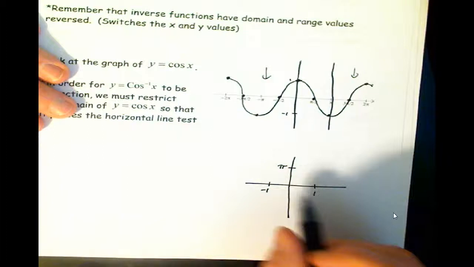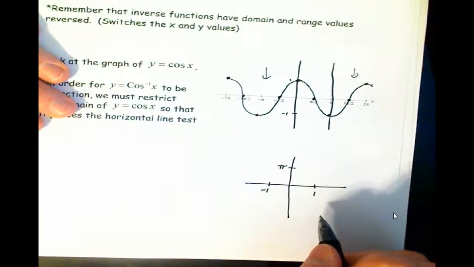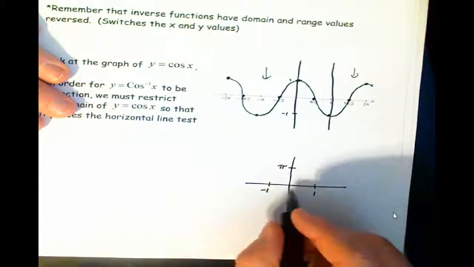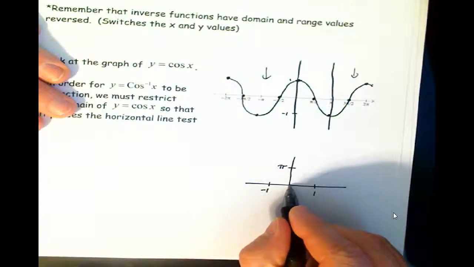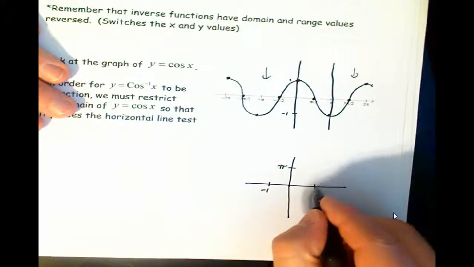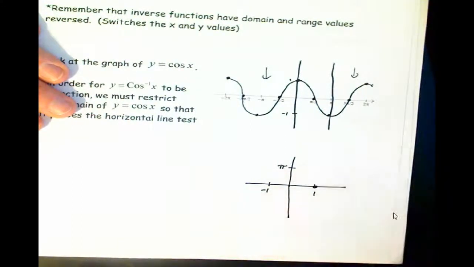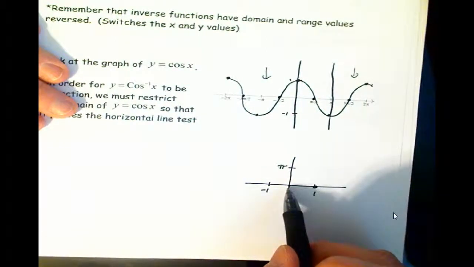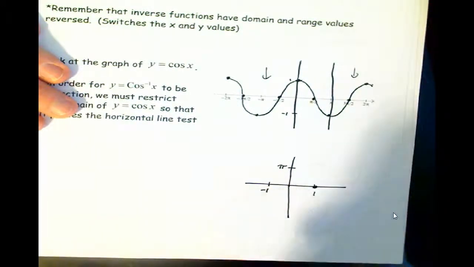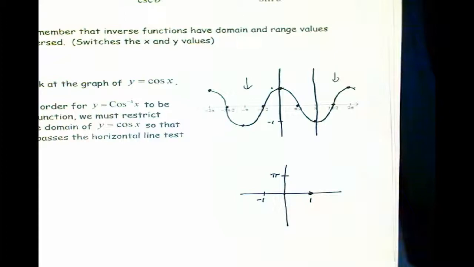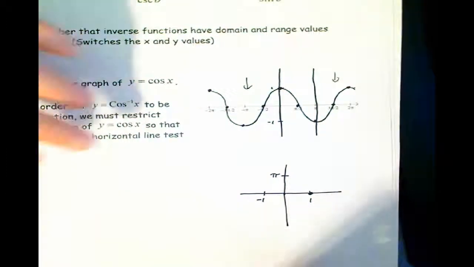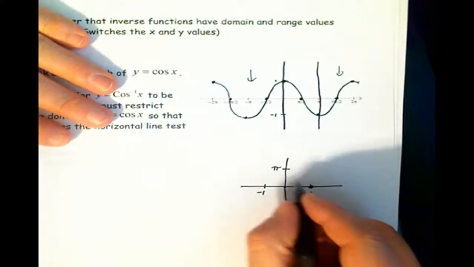So what value are we at when we are at 0 degrees? For cosine, we are at 1, so it's over here. Sorry about that. Someone walked in and started talking to me.